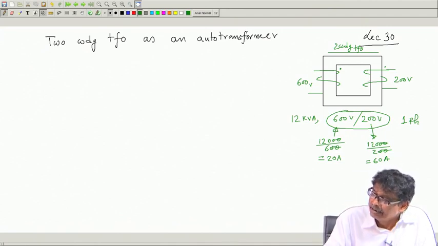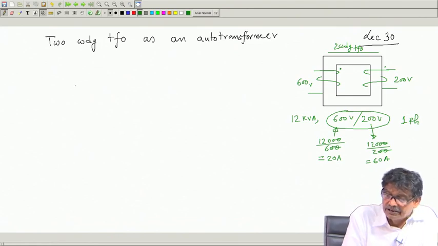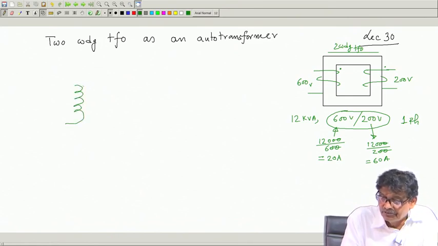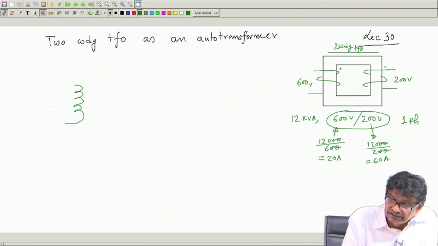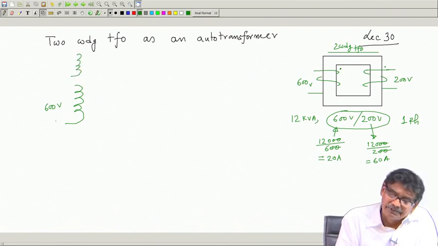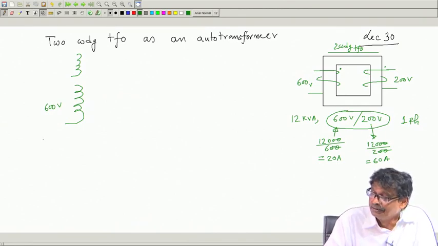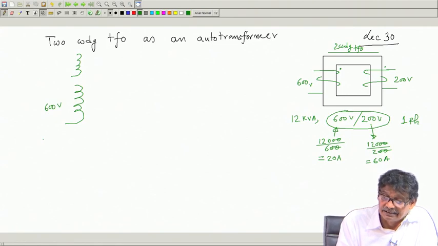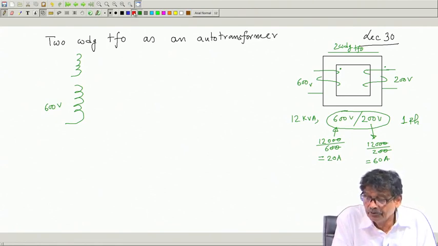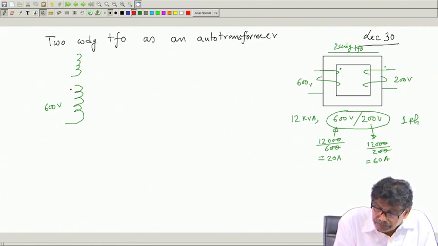For example, in a simplified diagram, I will draw it like this. Instead of drawing these two separate coils, this is the 600 volt side. I will just draw them vertically, so that I can draw it anywhere I like, so long as I know these are the two coils; electrically nothing is wrong in that. Suppose these two are dots.